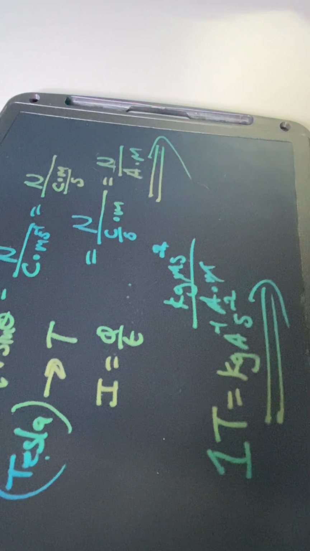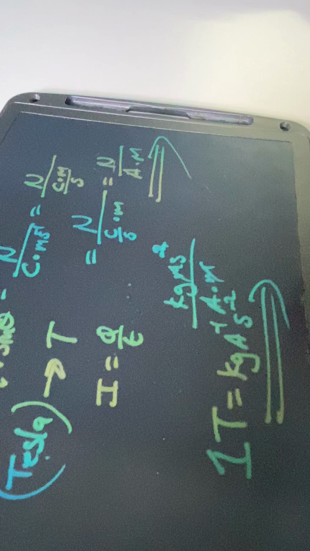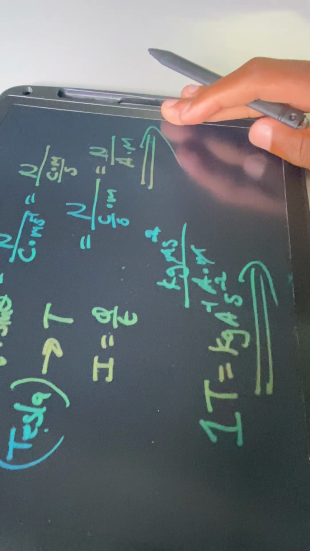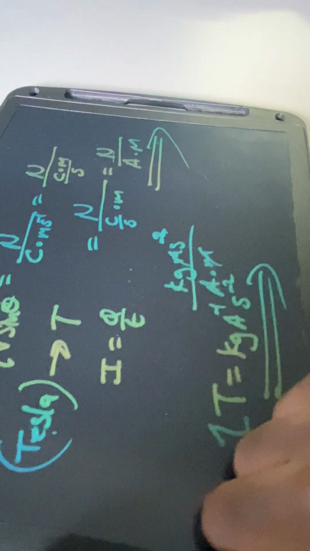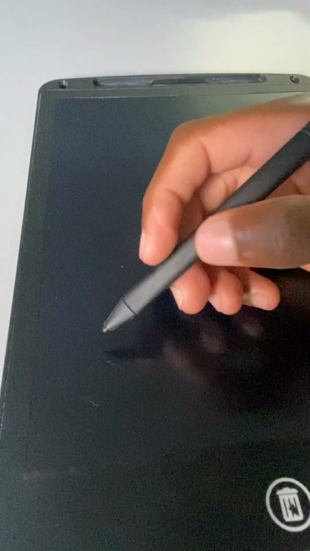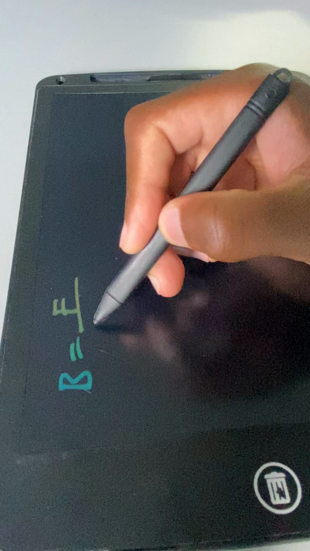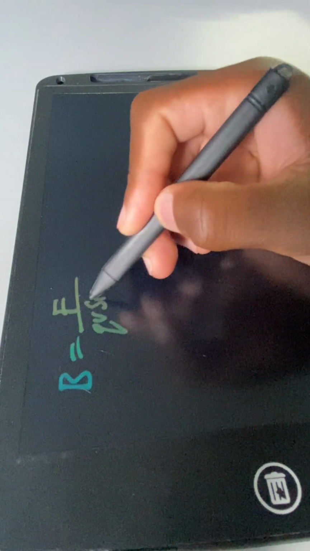Just in case they ask you to derive the unit of Tesla in the SI base units, this is what we get. So coming back to our formula, we have the magnetic field intensity, where F is equal to QV sine theta.